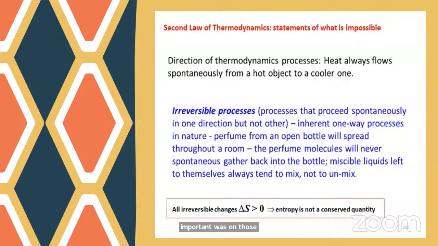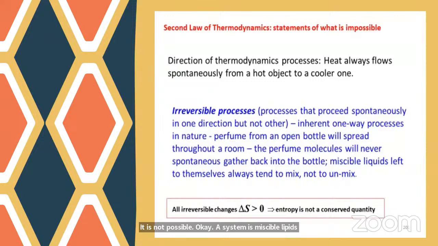And it is impossible for you, without an external aid, to bring the molecules of perfume that have evaporated from the bottle back into the bottle. It is not possible. Another spontaneous system is miscible liquids left together to mix.